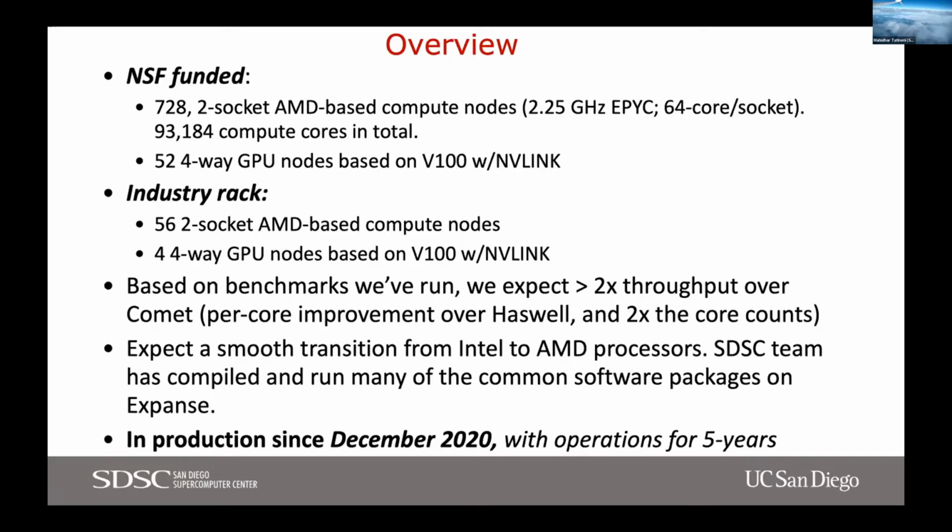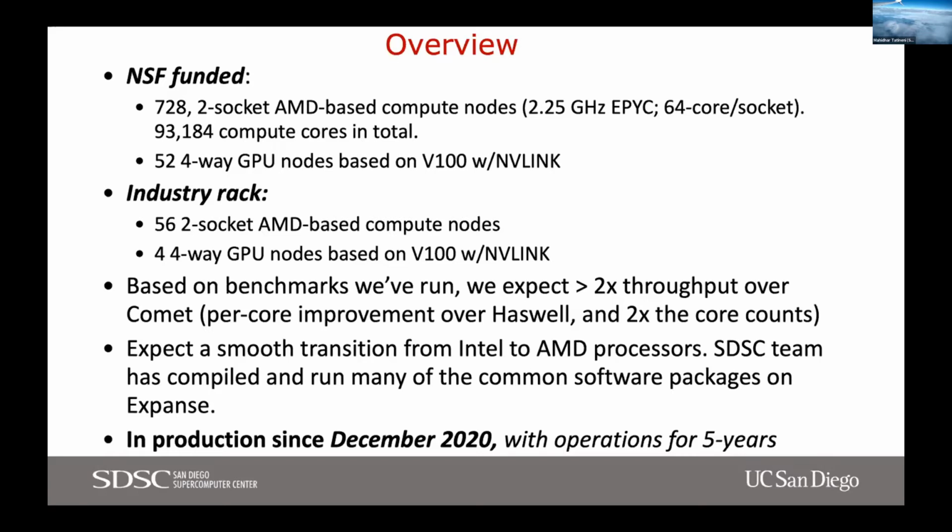And very soon we'll be adding 2 more racks, or I shouldn't say very soon, but when funding becomes available and when we get through the whole setup, we should be adding 2 more racks with AMD Milan-based nodes and A100 GPUs. So that should be coming later.